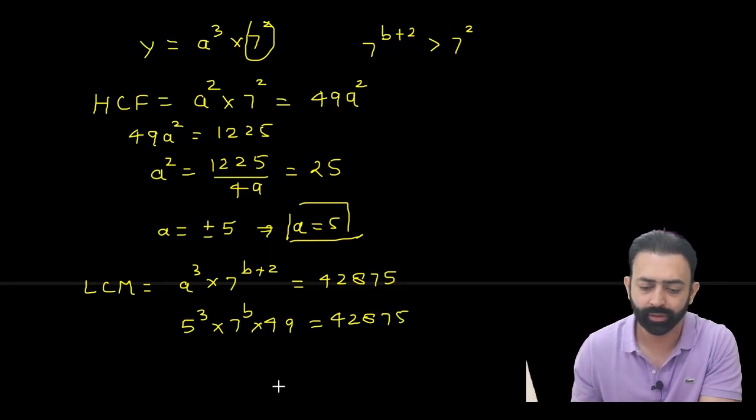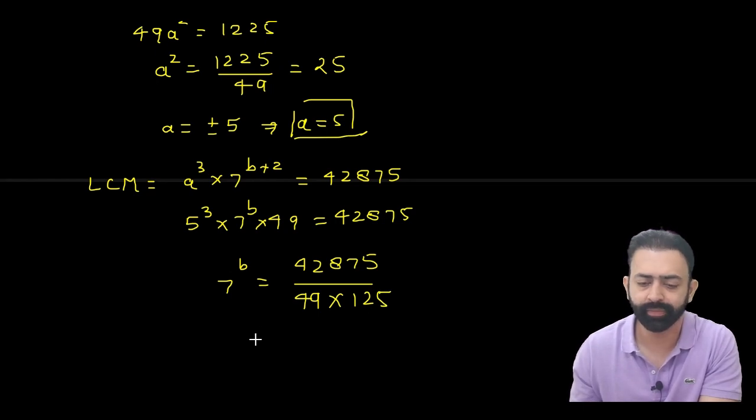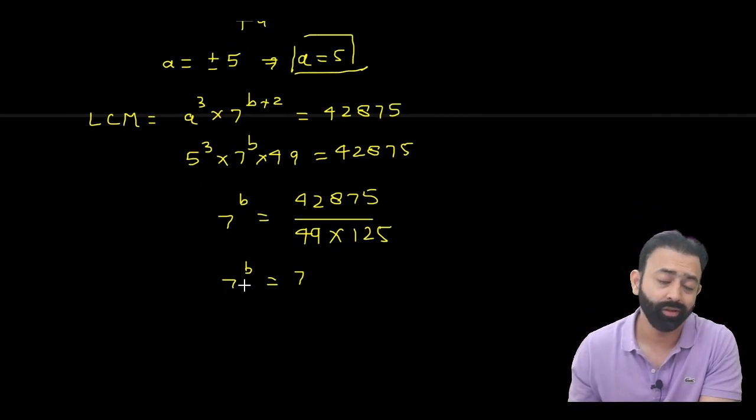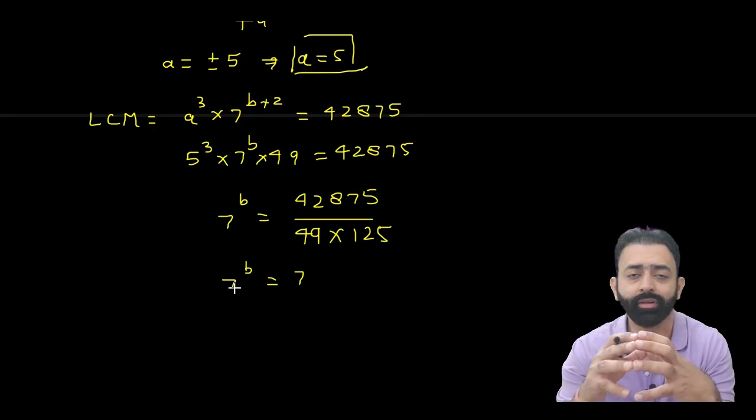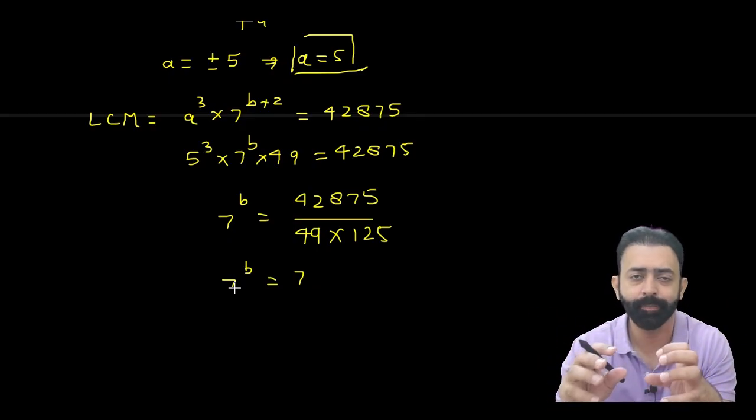So 7 raised to power b is equal to 42875 over 49 into 5 cube, which is 125. Right? On simplifying this, I will get 7 raised to power b is equal to just 7. Now, if we have a variable in the exponent, and if the bases are the same, then the exponents have to be the same.